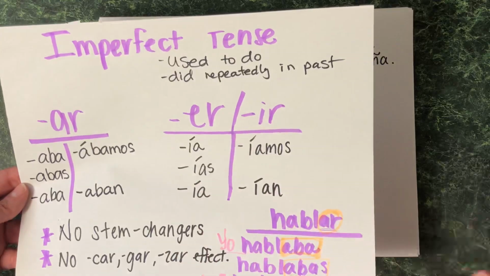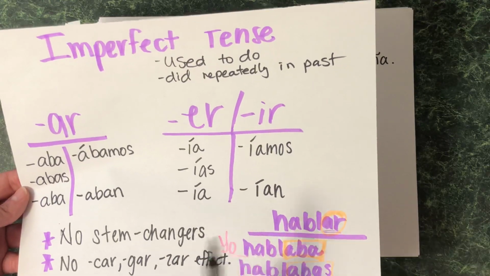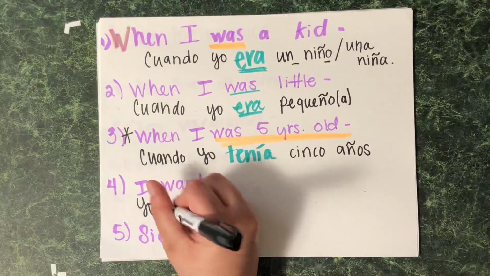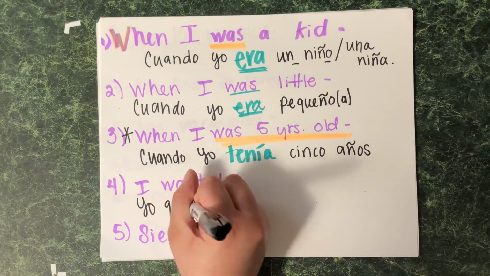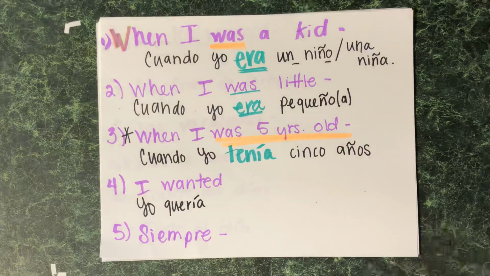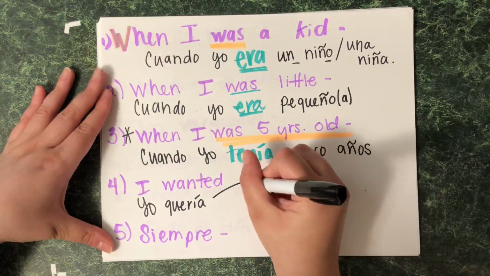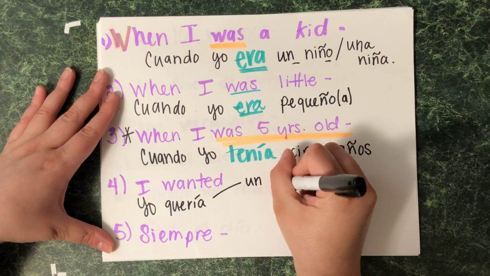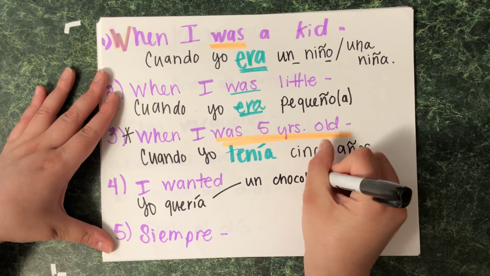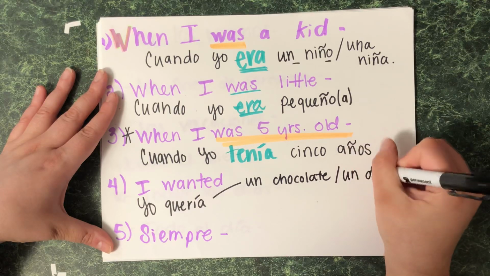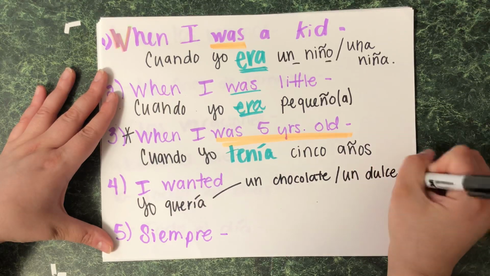Querer is an ER verb, so we're only going to take the ER off and put your new ending, okay? So yo quería, I wanted. There are different ways that you can use the verb querer. You wanted something, like for example, a chocolate, un chocolate, a candy, un dulce.